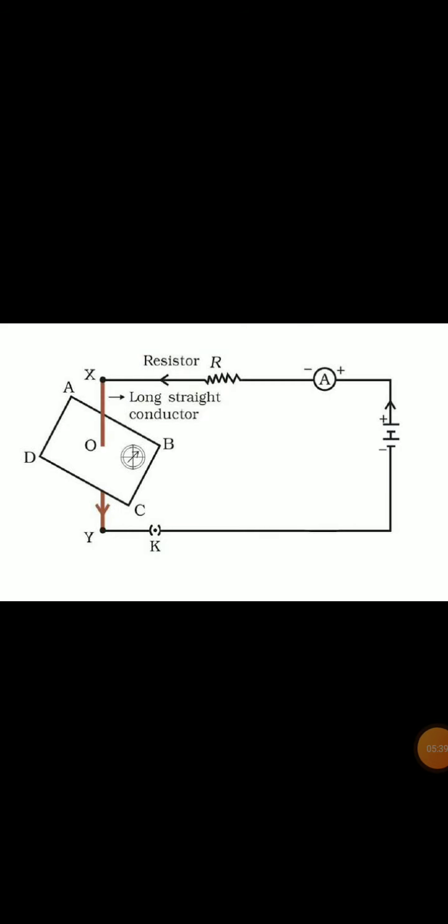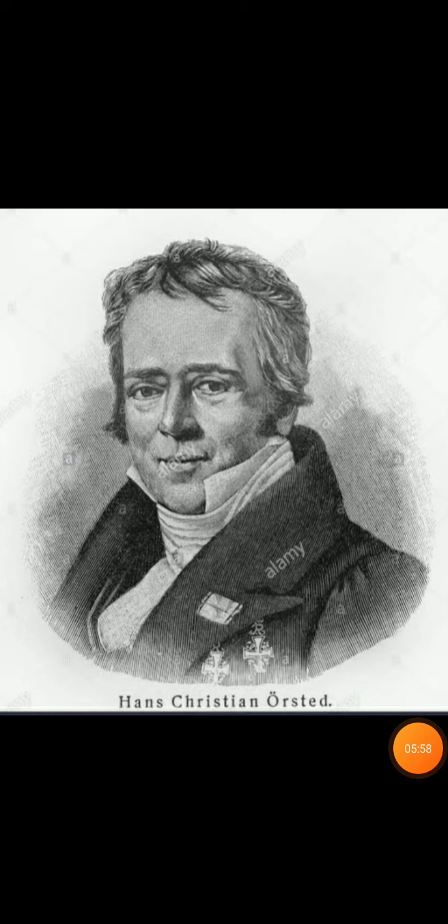We understood through an activity that an electric current carrying wire behaves like a magnet. Do you think that we need to know the name of the scientist who has done this activity? Let us know about it. A scientist named Hans Christian Ørsted was one of the leading scientists of the 19th century, and he played a crucial role in understanding electromagnetism.